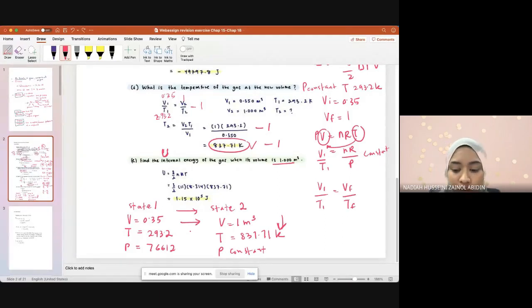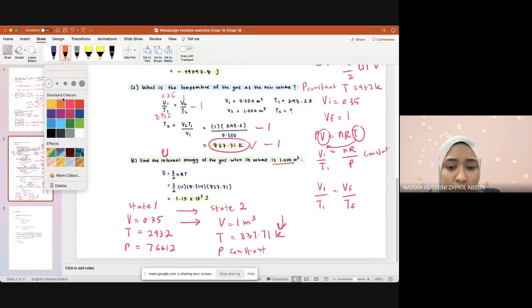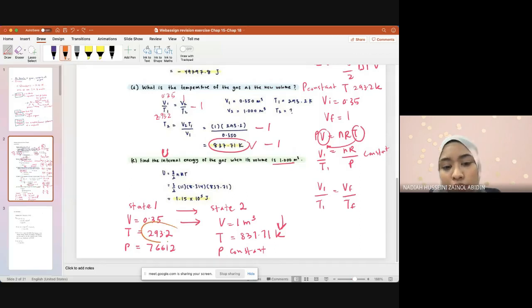So when you are trying to find the internal energy, you should tally again. V must tally with T. Because P is constant, we can ignore that. But what I'm trying to highlight here is do not use the temperature at state 1. If V changes and we know T changes, use all the new values.